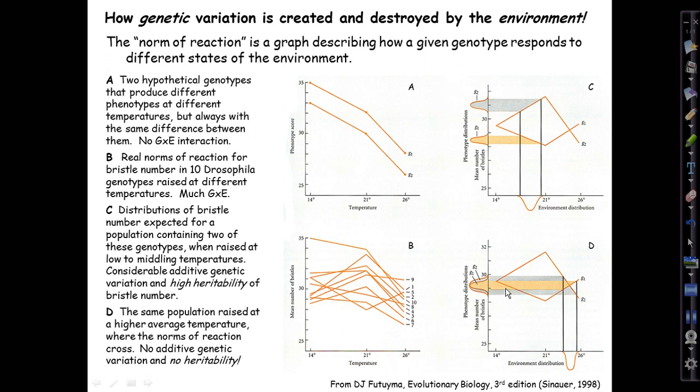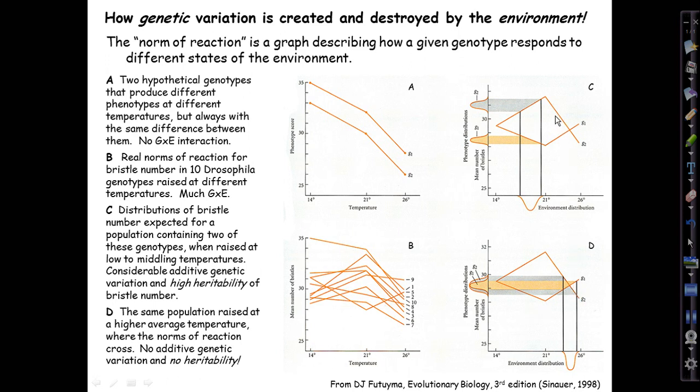No, actually, because the two genotypes will be equally fit given this distribution of temperatures. And so as long as we keep the population in this environment, we can select till we're blue in the face, and we won't get any significant evolution to happen. We won't be changing the frequencies of the two genotypes. So no additive genetic variation, no heritability.